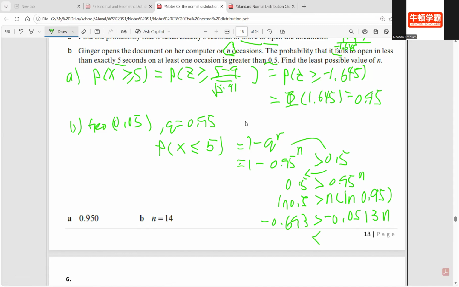Negative, negative, so I have to swap, meaning the n becomes a division. When you divide, you will get 13.51. Because n cannot be 13, n will be 14 for the least value.